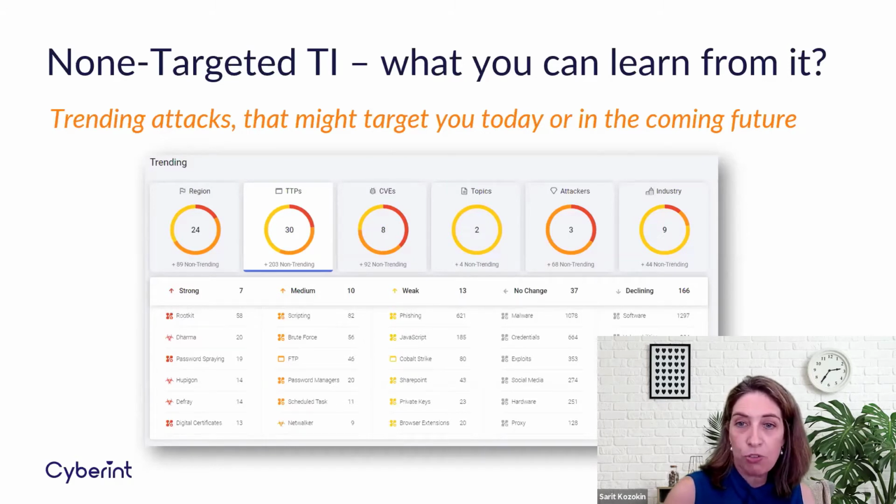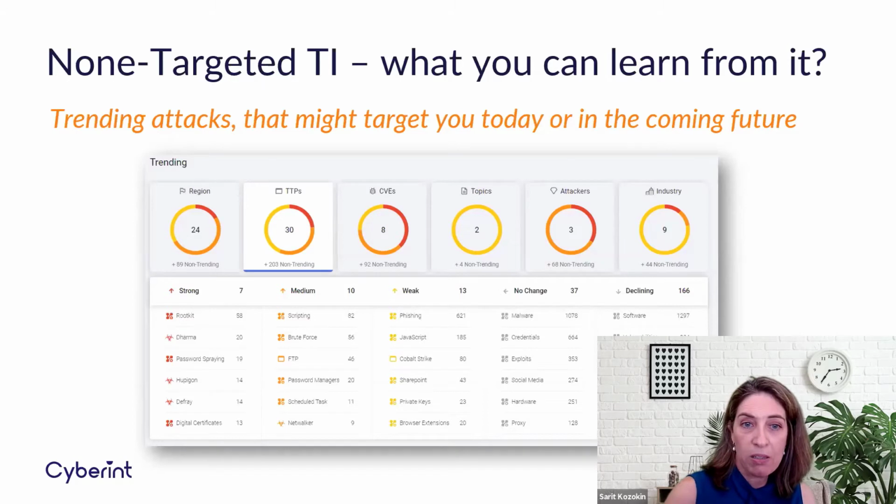Looking at general information, you can see the trends of TTPs. In this example, we drill down into TTPs. You can see what is trending as a strong trend. We have 7 topics, 7 areas where we see strong indication of trend.